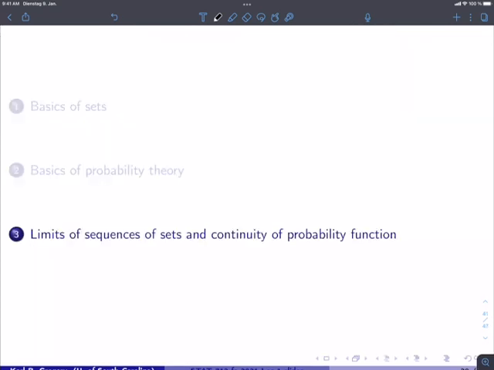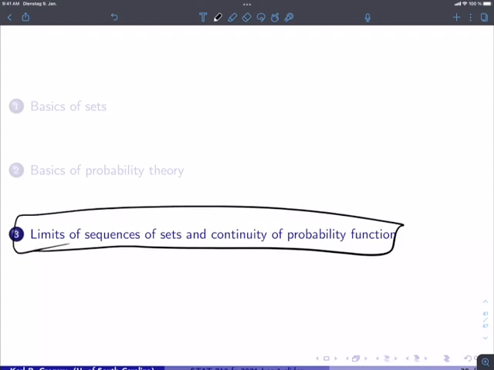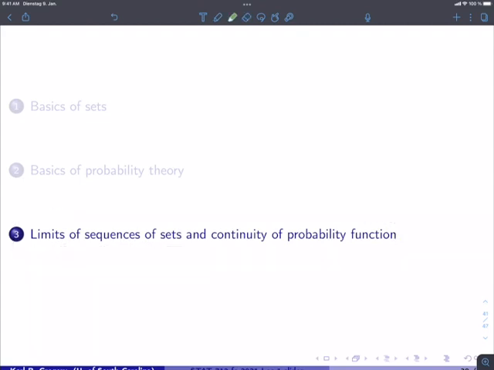So we've made it through the basics of probability theory. We're going to have occasion to talk sometimes about sequences of sets and how the probability function can be considered a continuous function. First, we need to talk about sequences of sets.